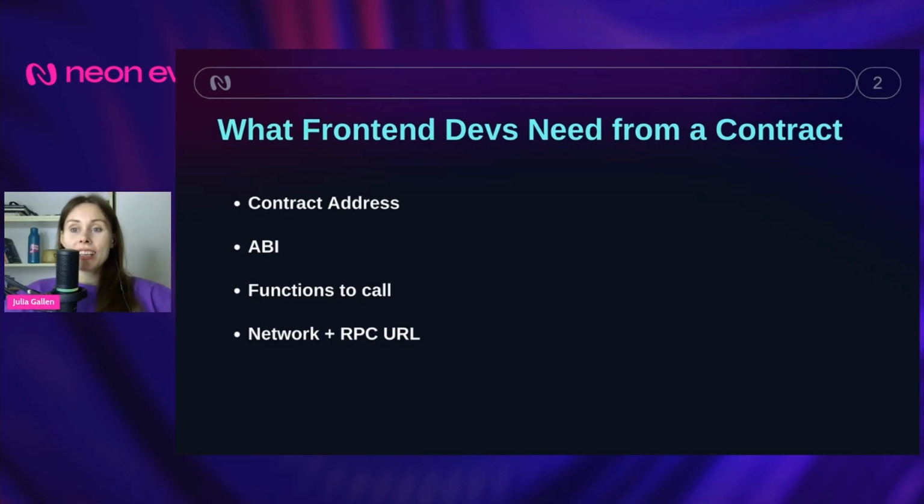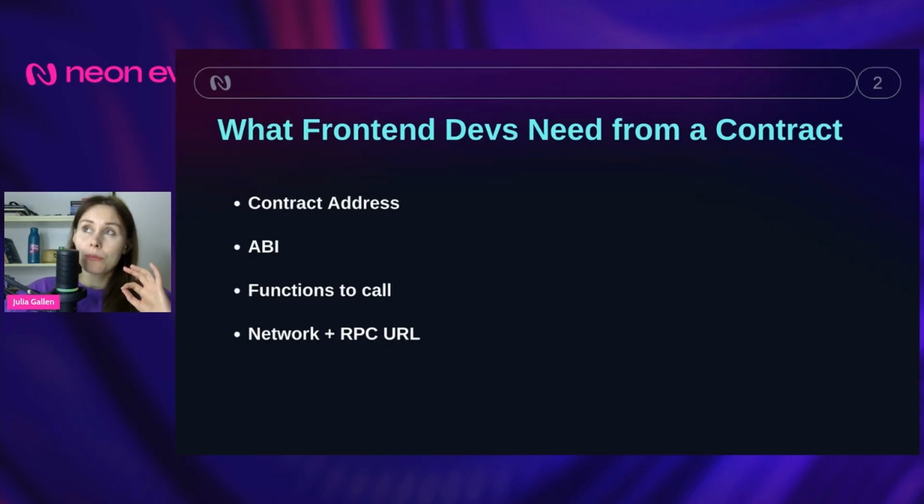Then we need the functions. We must know the specific functions of the contract that our UI will interact with. For example, there is usually a function for the symbol of the token, decimals, total supply, a balance function to read the balance of an address, a minting function, a transferring function, and so on.